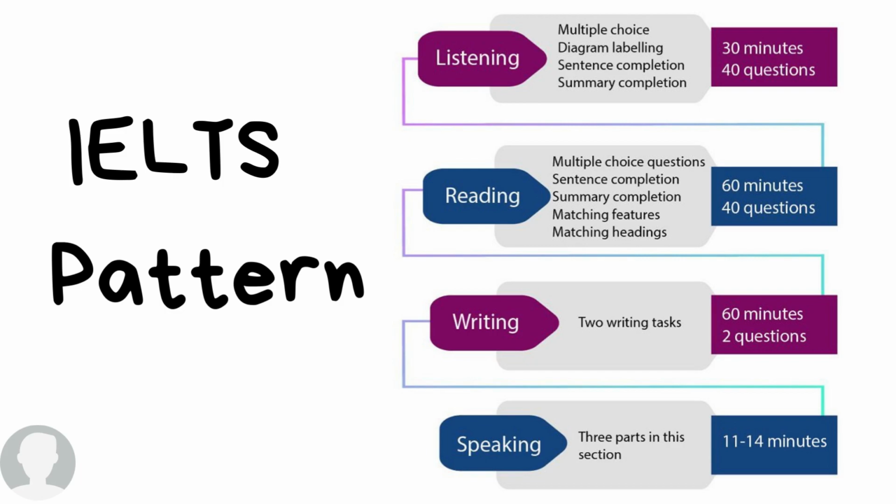Writing, there will be two tasks. It will be 60 minutes, and task one can be either a pie chart or a graph or a diagram or a map, and you have to write about your findings, what you think about this particular diagram. You have to write around 180 words minimum.